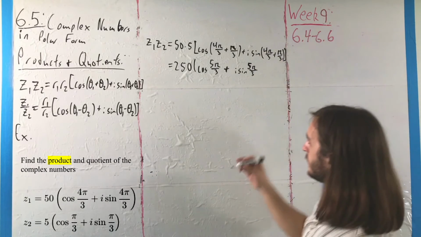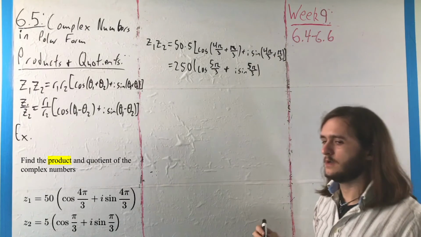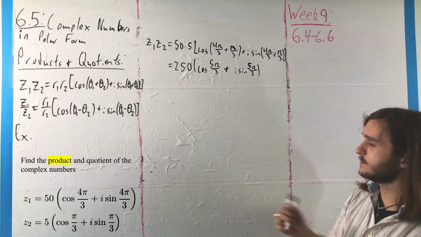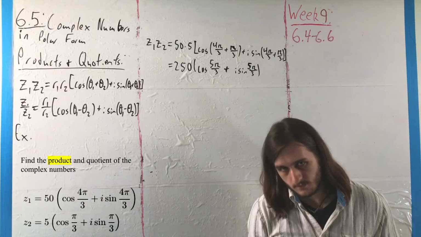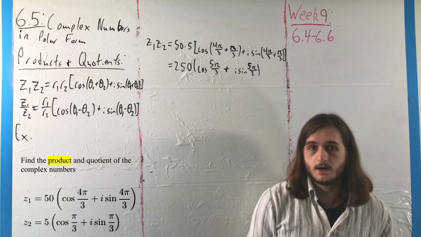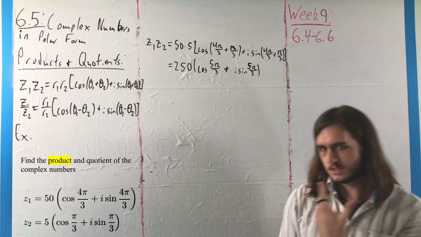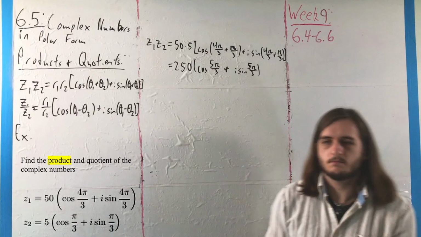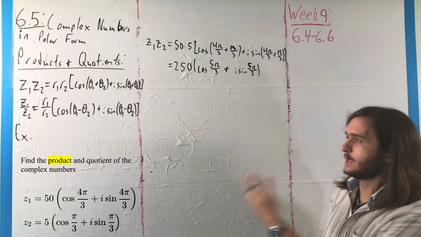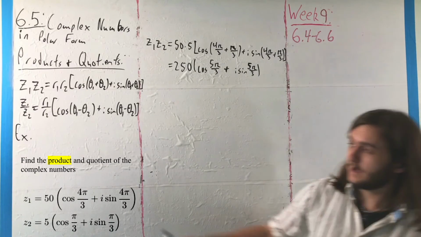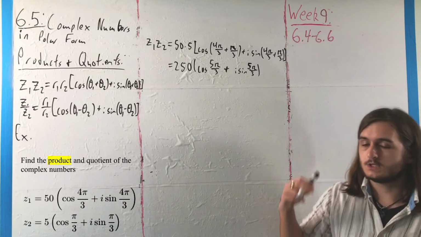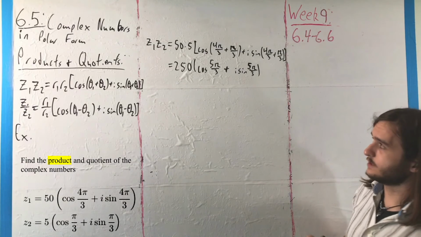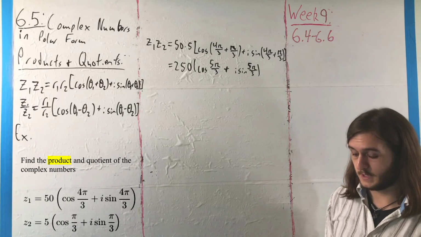So we would have a modulus here of r equals 250 and an argument of 5 pi over 3 for the product, or if we wanted to, we could evaluate that to get it into our rectangular form. And there are some bits of creativity you can do where you can translate between those rules or derive this kind of rule in terms of the rectangular form, but we're not going to worry about that too much for now.